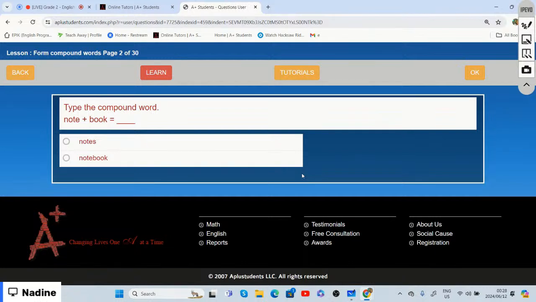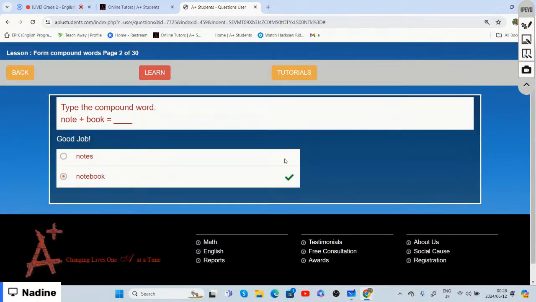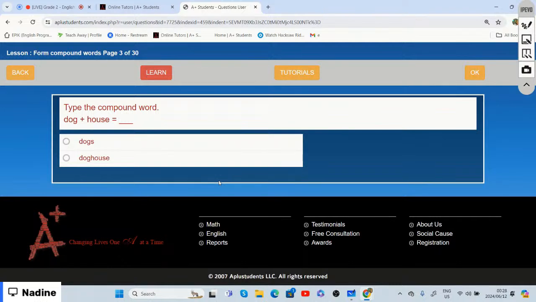So a note plus book, do we say it is notes, which is option one, or option two, which is notebook? All right. Yes, guys. Well done. The correct answer is notebook.